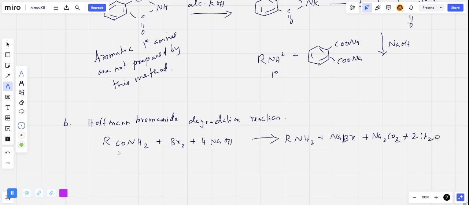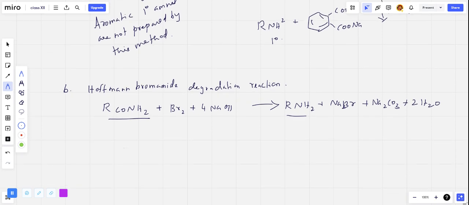Here, one carbon is extra in the amide; in the amine there is no such carbon. Only the alkyl group is retained. The carbon will be replaced. So this is Hoffman bromamide degradation reaction. Why is it a degradation? Because the number of carbons is reduced.